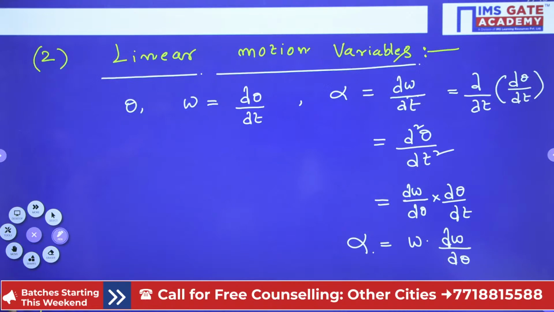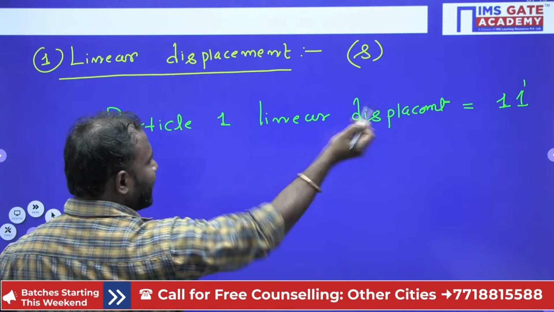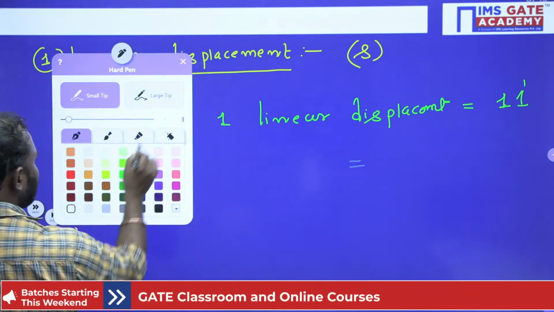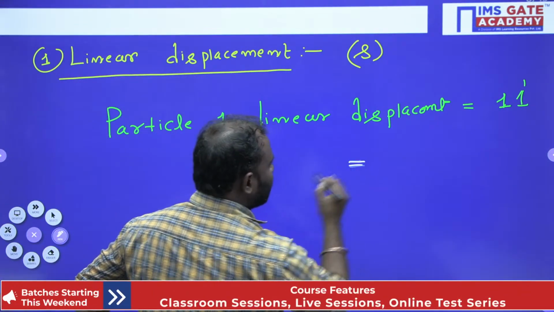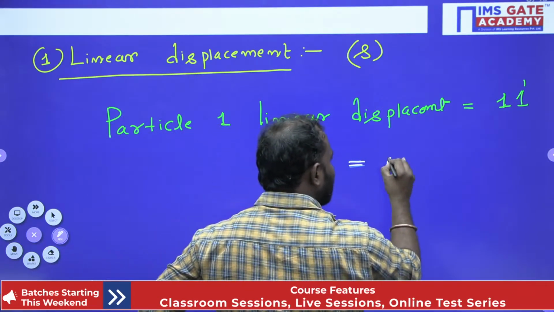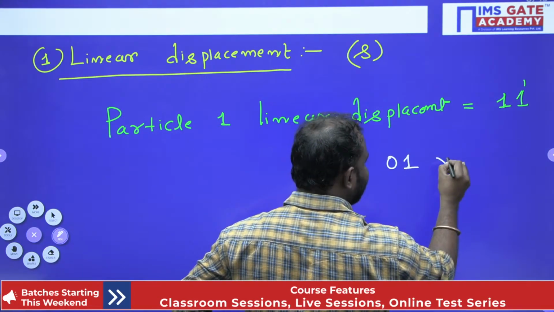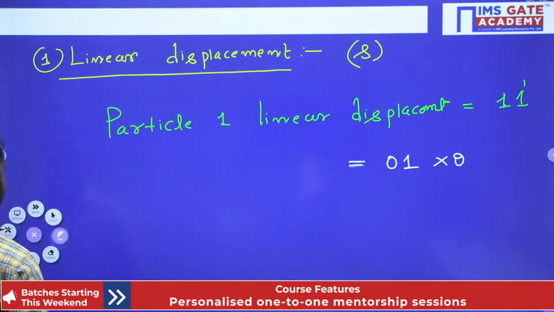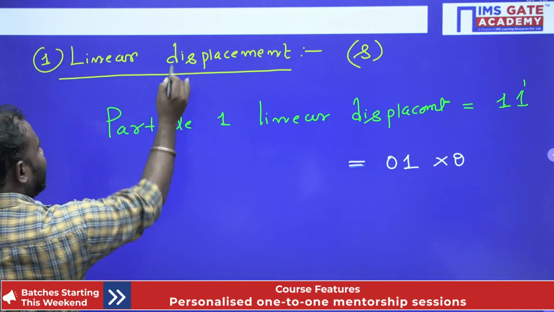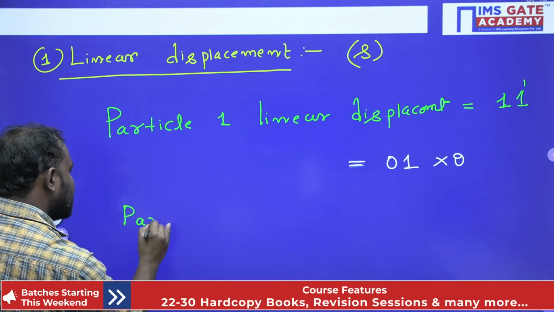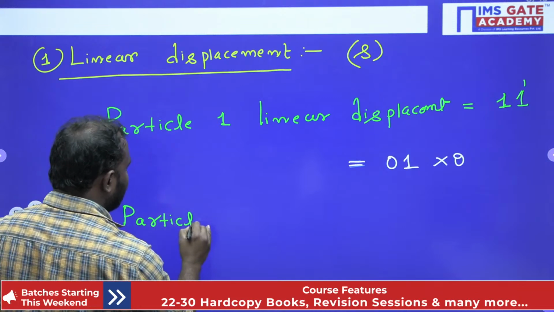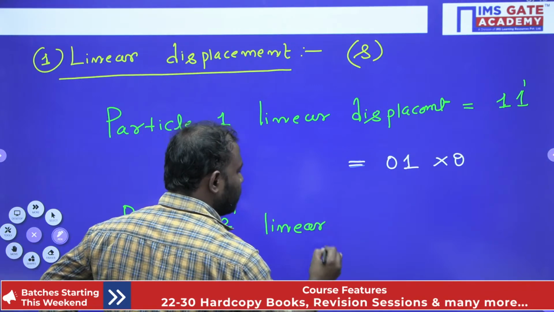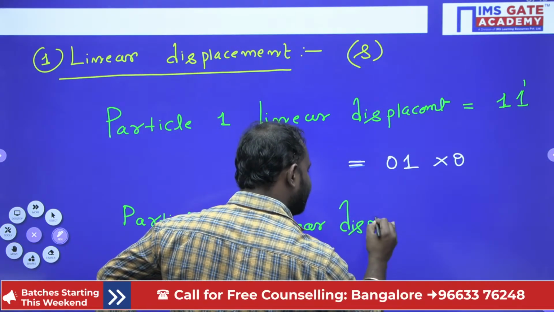So the linear displacement of 1 dash is equal to O1 into theta. Similarly, calculate the particle 2 linear displacement.